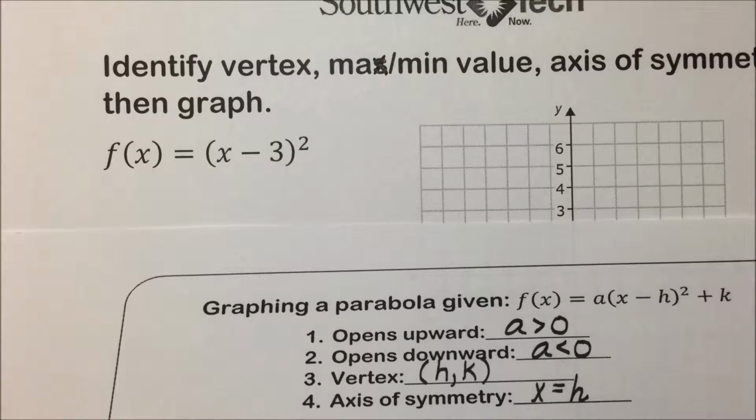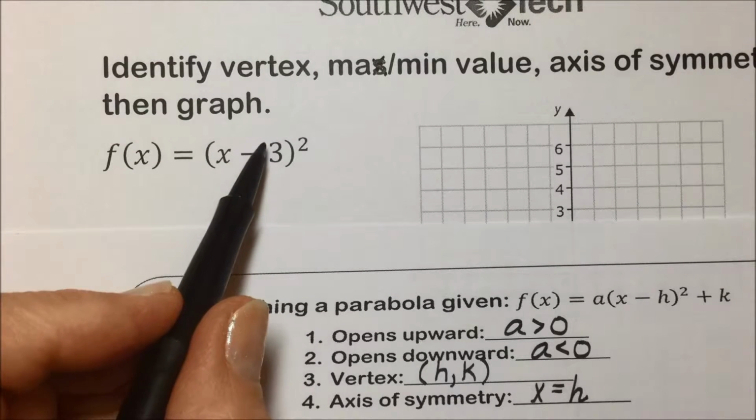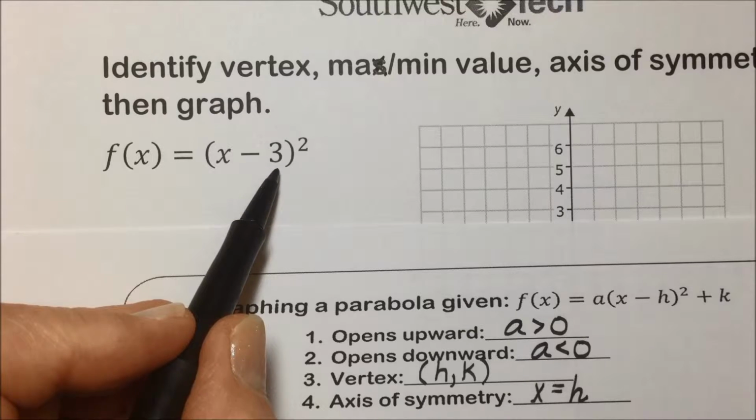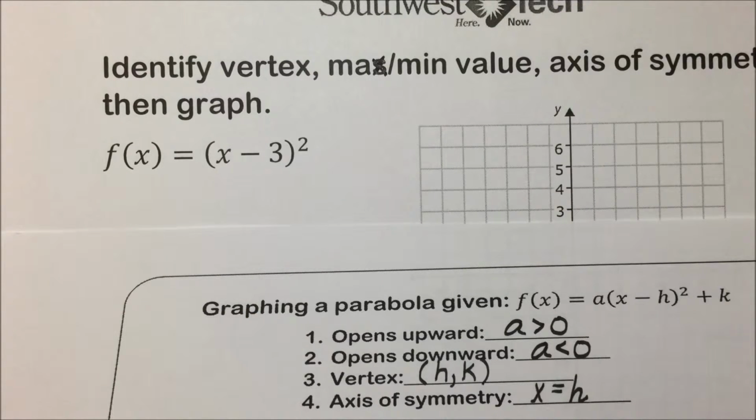Section 8.6. They're asking us to identify the vertex, max or minimum value, axis of symmetry, and then graph the following equation. Well, this is similar to the beginning quadratic functions that we were graphing of x squared. Only before we take x squared, we're subtracting something from it.